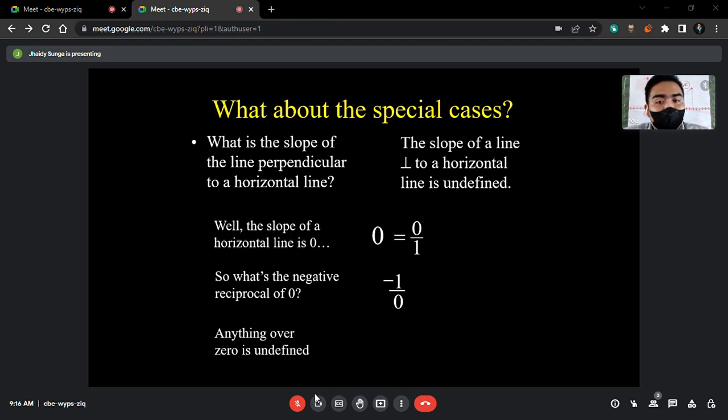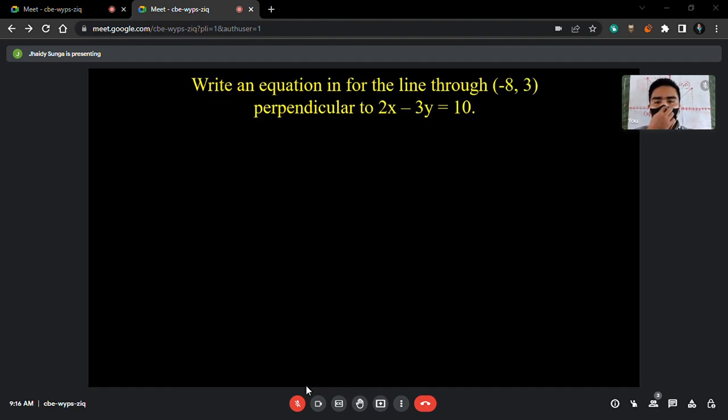Okay po? Alright. So in this case, we are going to write an equation for the line through the point perpendicular to this linear equation. All right, so we are going to write an equation of the line through negative 8 and 3, having this linear equation.